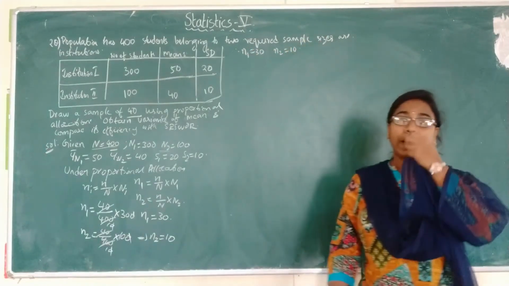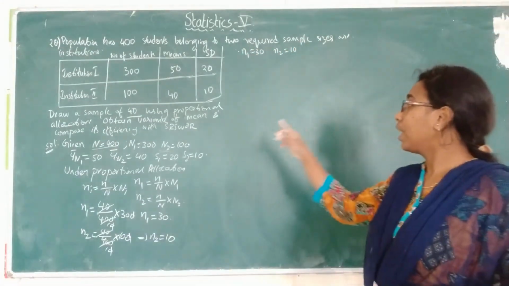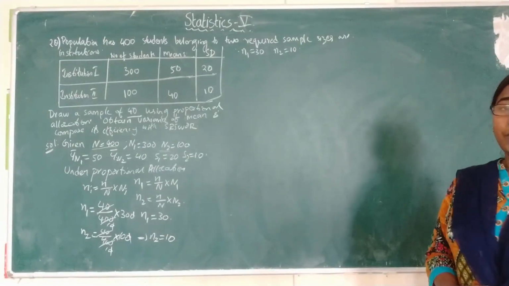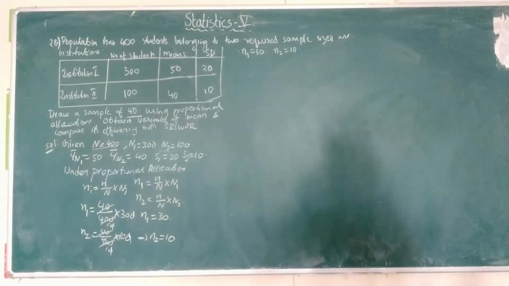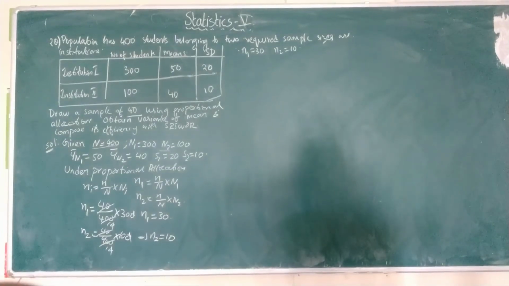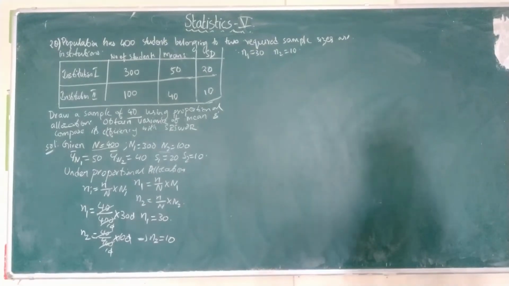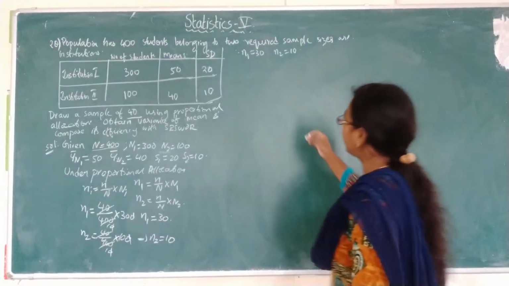Now what do we have to calculate next? Obtain the variance of the sample mean and compare its efficiency with simple random sampling without replacement. To compare, first write down the formulas.